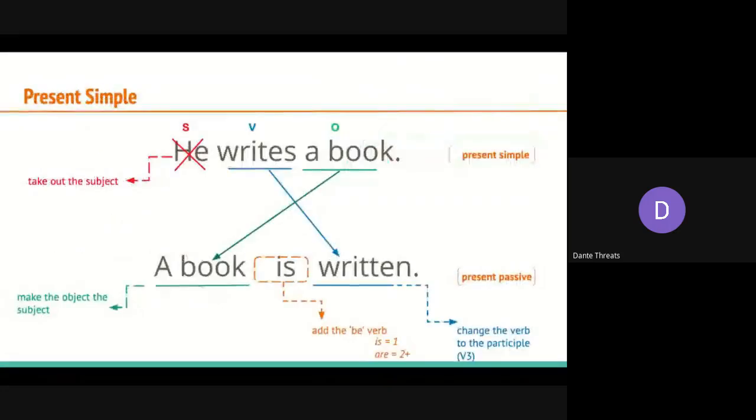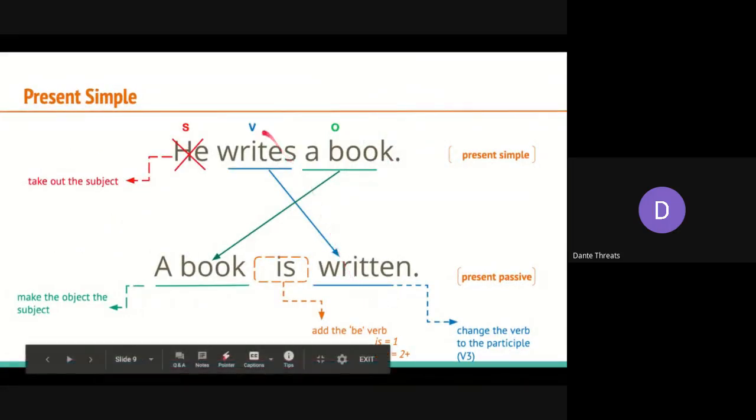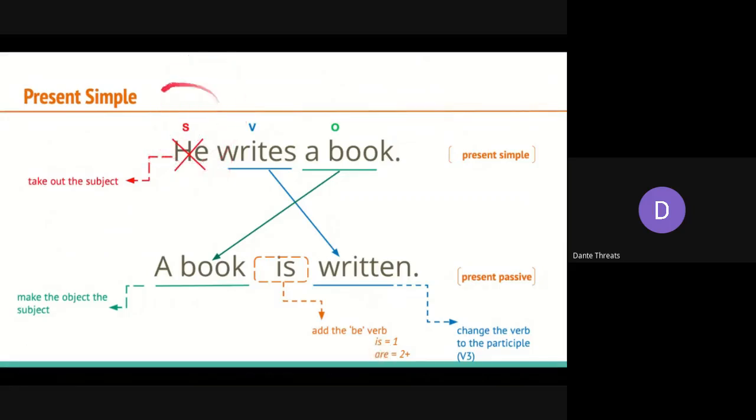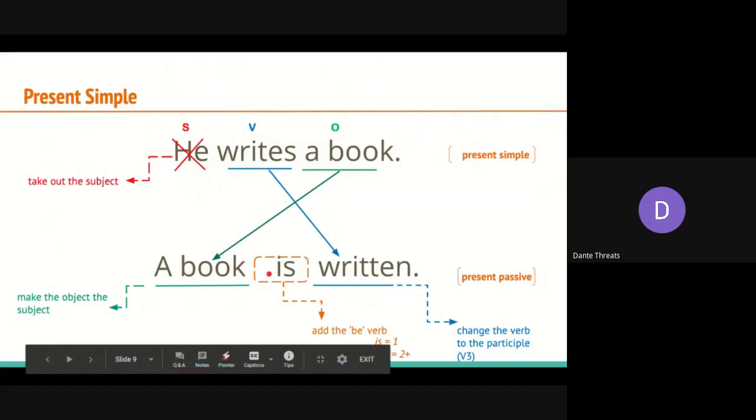Okay, so let's go over that one more time. So first, you will take out the subject, all right. Then you will make the object the subject. Then you will add the be verb, okay?